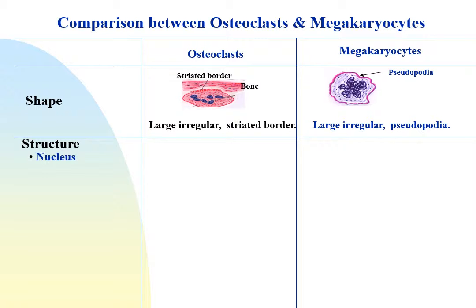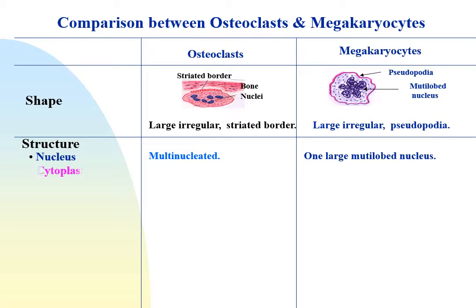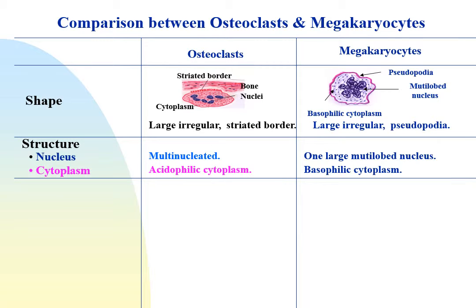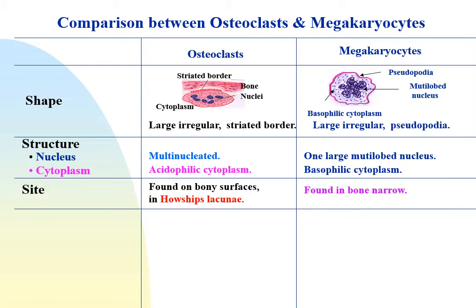Osteoclast has several nuclei, multinucleated, while megakaryocyte has one large multilobed nucleus. Cytoplasm in osteoclast is acidophilic, while in megakaryocyte it is lightly basophilic. Site. Osteoclasts are found on bony surfaces in house-shaped lacunae, while megakaryocytes are found in bone marrow.